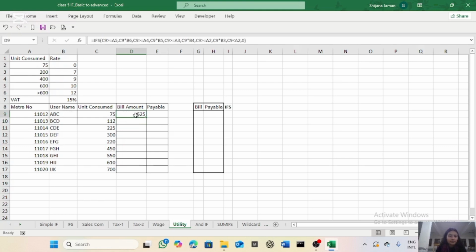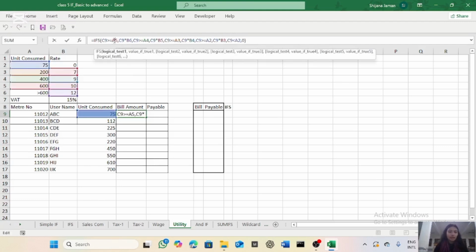So bill amount, freeze it without our first cell or unit consumed. We will freeze the remaining cells.